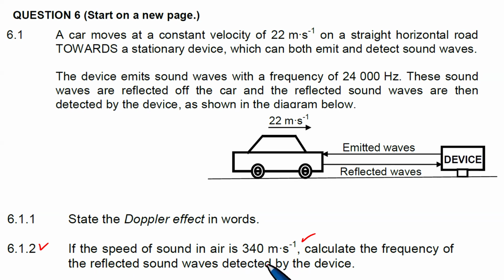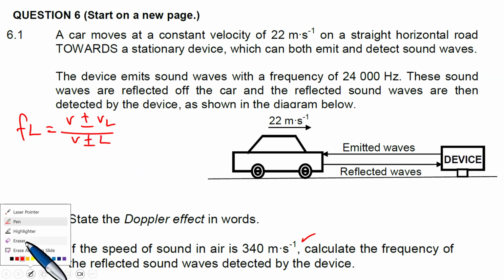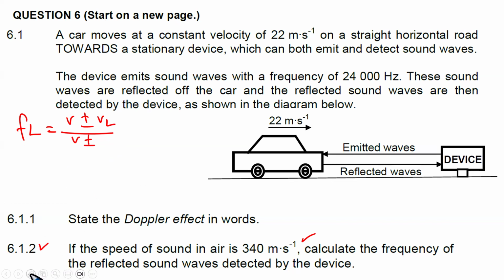Let us look at this particular question, 6.1.2. So we're going to use the formula. The frequency detected by the listener is (v plus or minus v_L) divided by (v plus or minus v_S), and then this one is going to be the frequency of the source.